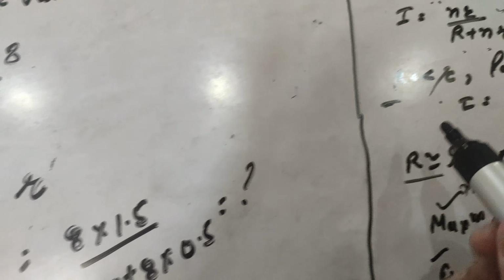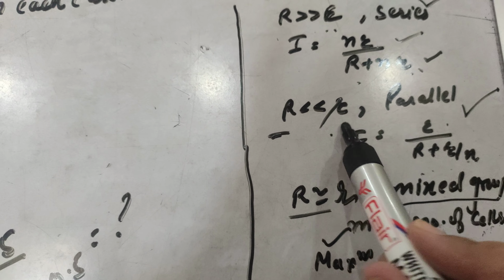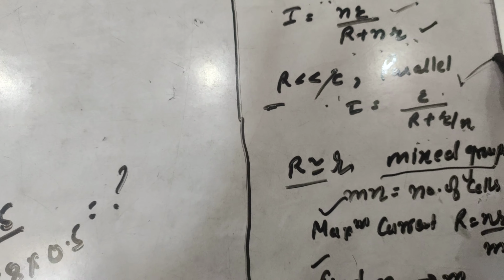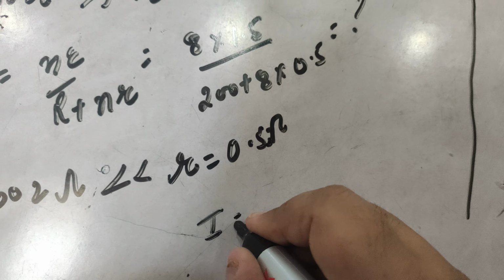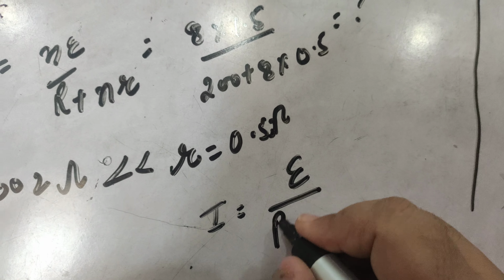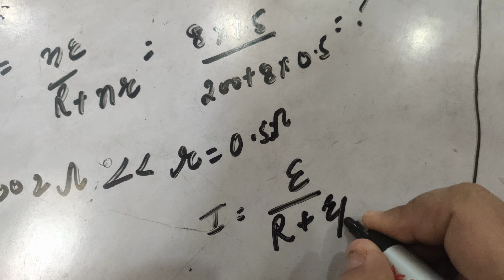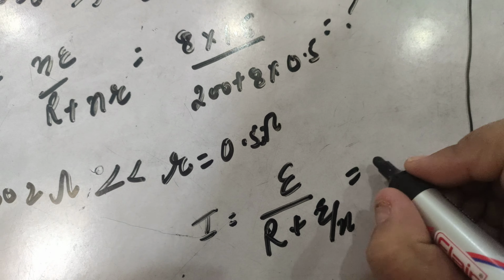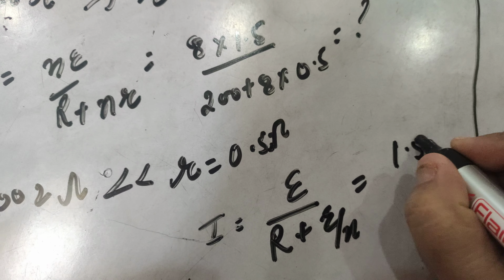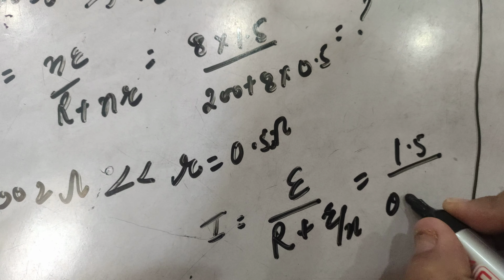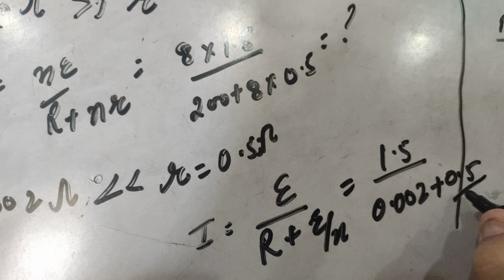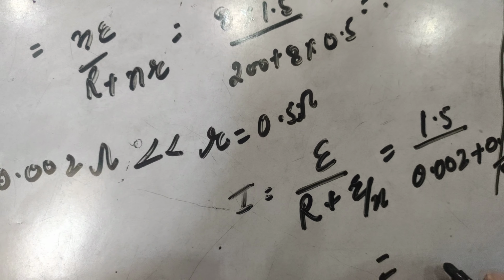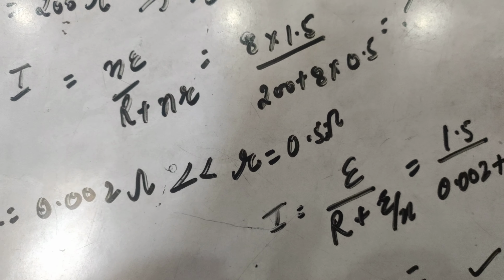So in this case, when R is very much less than small r, the parallel combination will be used, and the formula for current is I is equal to E divided by R plus r by n. So here EMF is 1.5 volt, capital R is 0.002 ohm plus 0.5 divided by 8. On solving this we can get the value of current I.